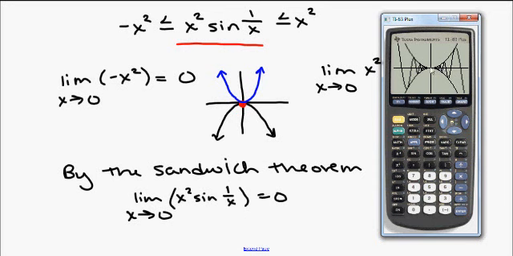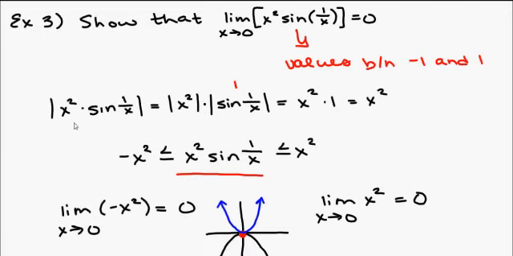And all three functions, as you get really close to x equals 0, y equals 0. So your limit for all three functions as x approaches 0 is 0. So that is the sandwich theorem. And I believe that is it for this lesson. And we will continue with lesson 2 in the next video.